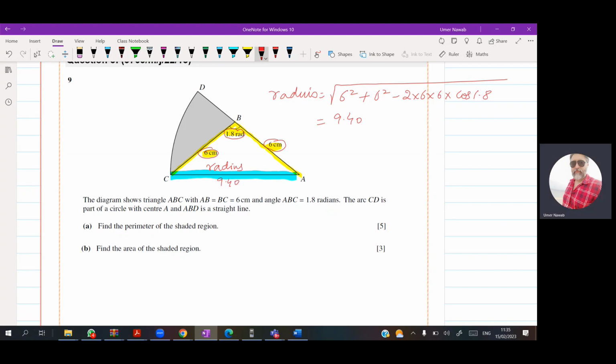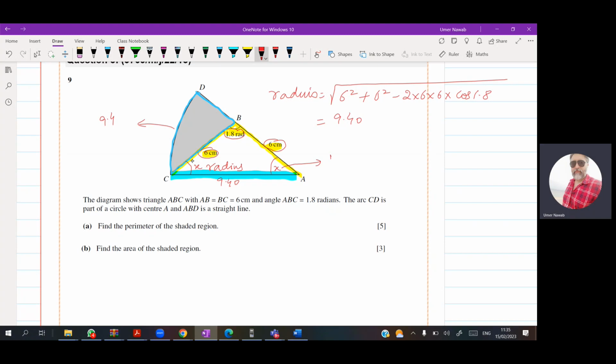I want to find the perimeter. The perimeter is made up of 3 parts, 2 straights and 1 curve. The arc length is s equals r theta, with r 9.4. Oh man, I don't know this angle, but it's not a big deal. It says isosceles triangle. This is x, this is x. I can easily find it.